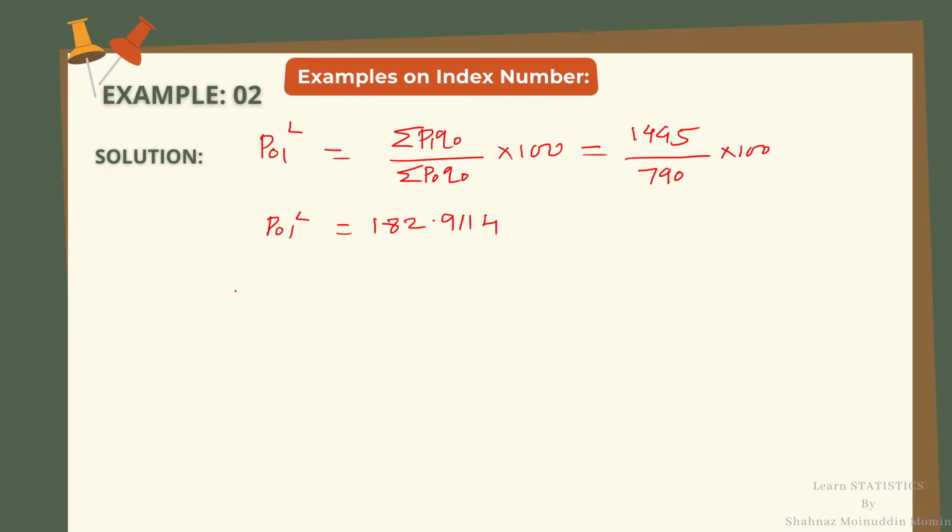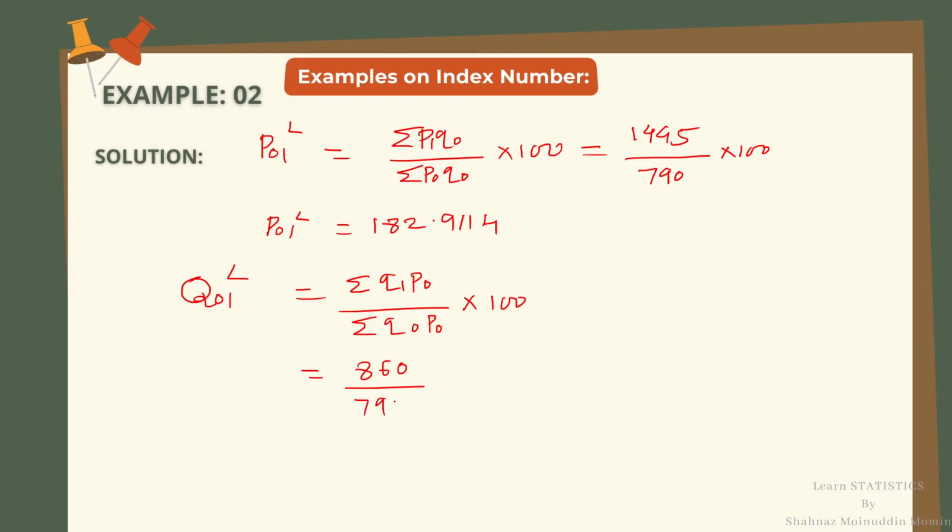Similarly, the Laspeyres quantity index number is given by Q01L is equal to summation Q1 P0 divided by summation Q0 P0 into 100, which is equal to 860 divided by 790 into 100, and which is equal to 108.86.